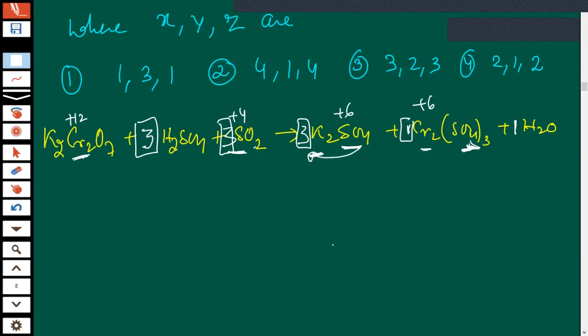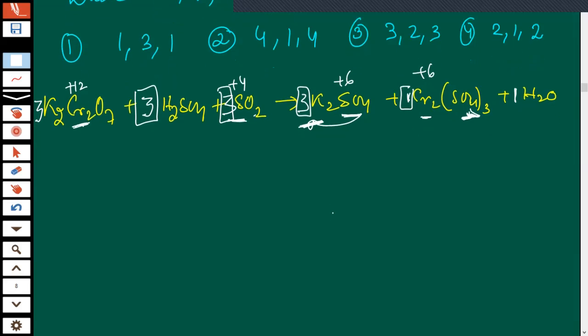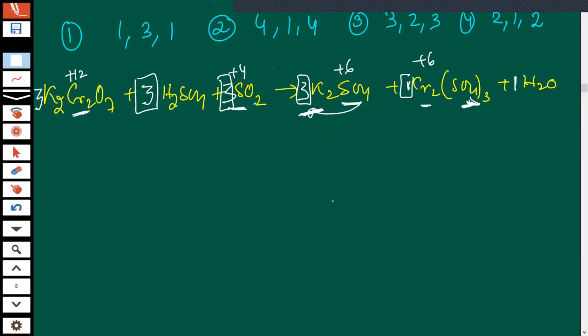So here we are getting 6 potassiums. To make it 6, we have to use 3 over here, children. Okay, so here is some problem.